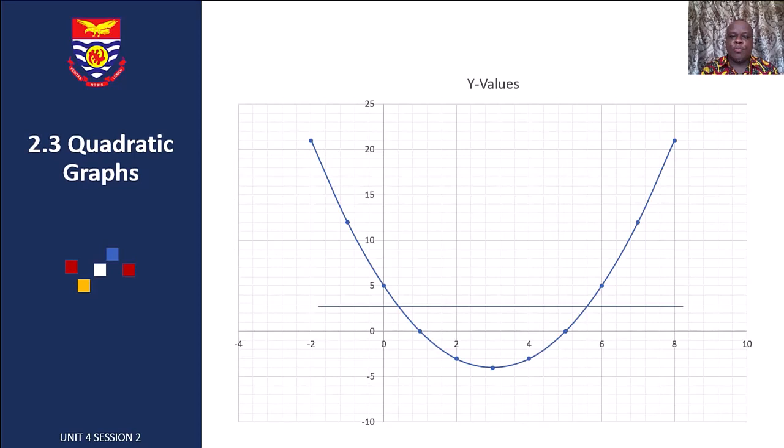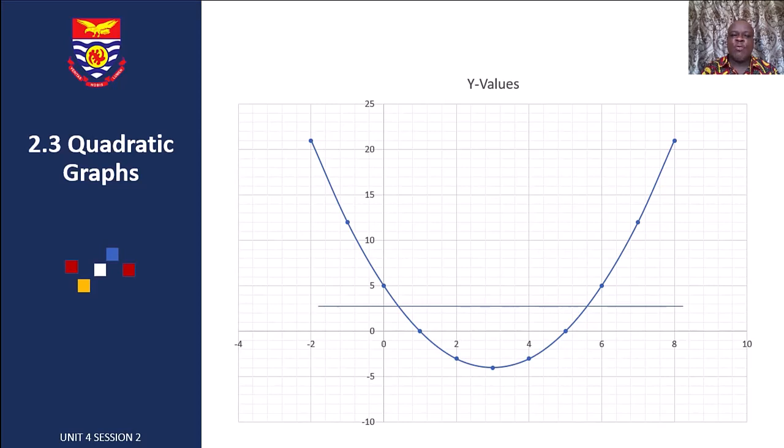So after plotting the ordered pairs, we use a smooth line to join the points that have been plotted. And so this is the shape of the graph. It's a minimum graph because it opens upwards.